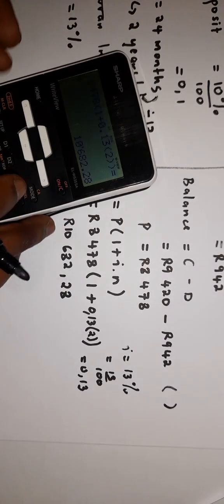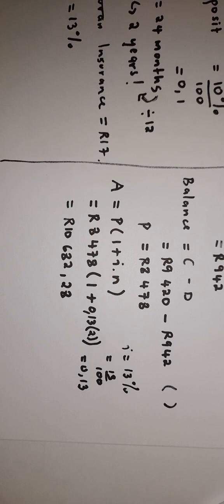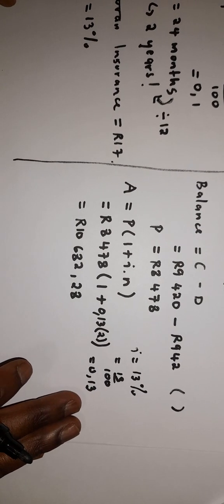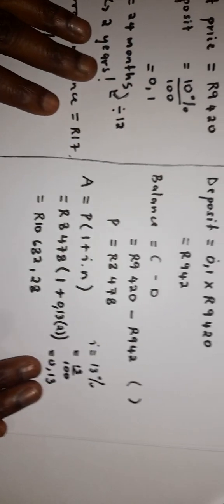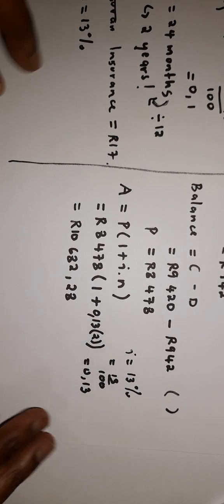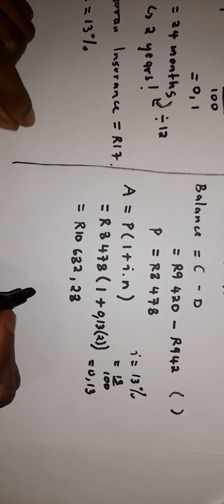So it means after he has paid a deposit of 10%, and then the store adds their own interest, he needs to pay back 10,682 for the couch that actually costs 9,420, which is what I started with. The only problem with this one is that you end up paying more, but at a much more affordable rate.